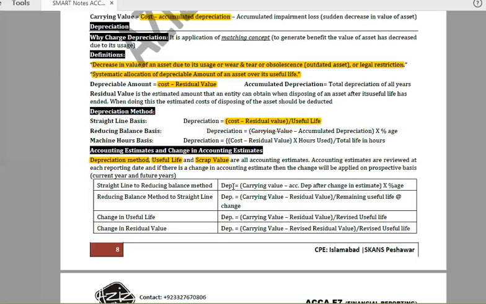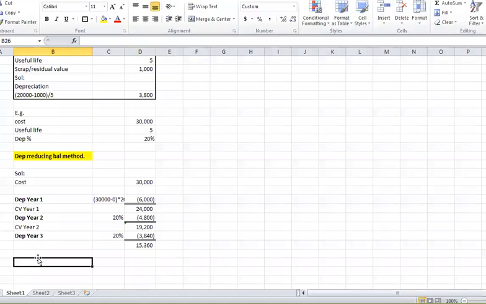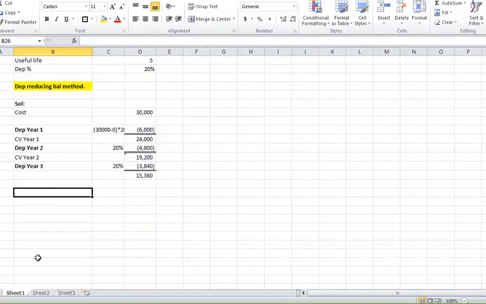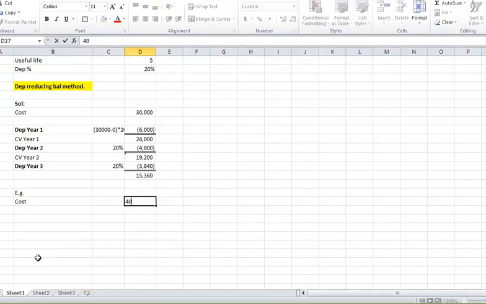So for example, first change in estimate, straight line to reducing balance method. For example, we have purchased an asset for £40,000. Its useful life is 10 years.